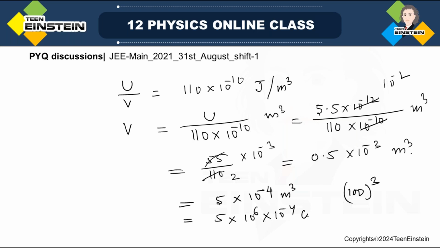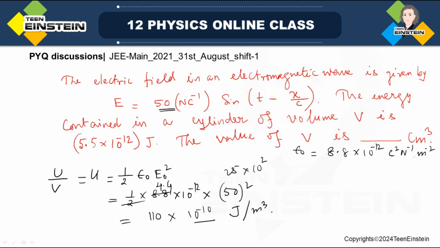That means I have 500 centimeter cube. So 500 centimeter cube will be the answer for this question. What is the answer? 500 centimeter cube. So this will be the answer.